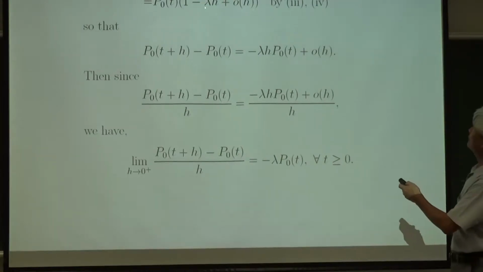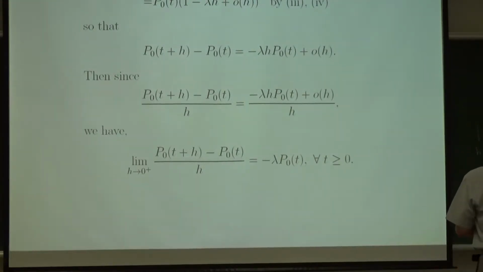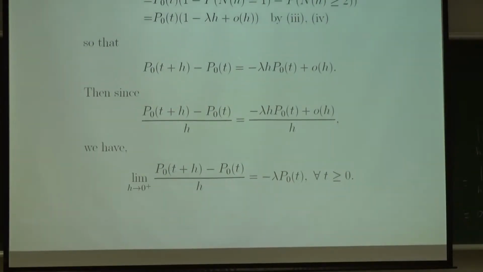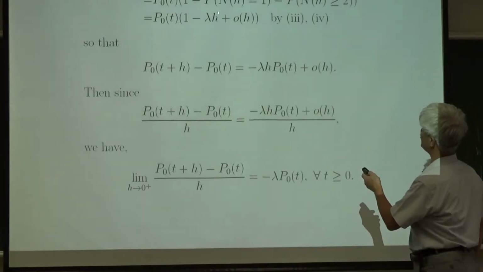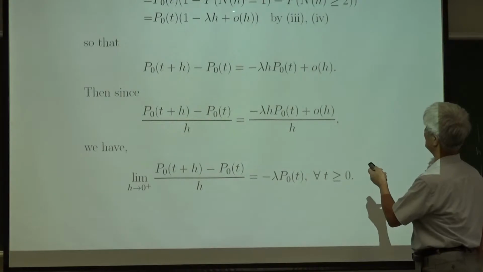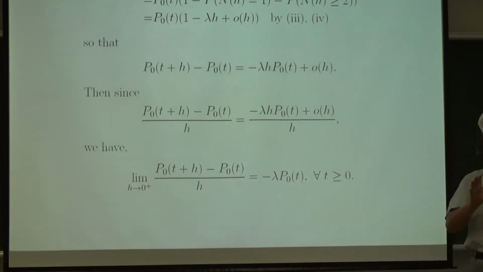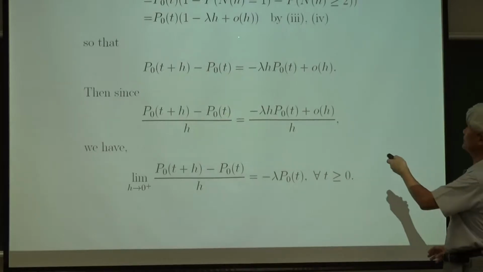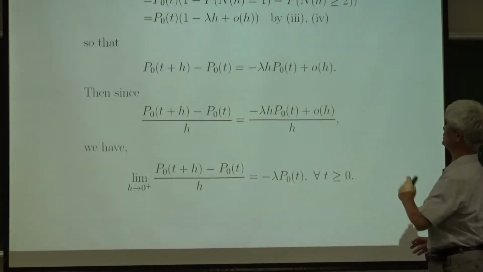So here, this probability is lambda h plus a little o function, but this is a little o function. So the sum of two little o functions becomes another little o function, right? So this term becomes 1 minus lambda h plus little o(h).